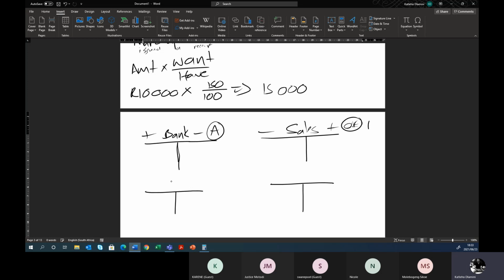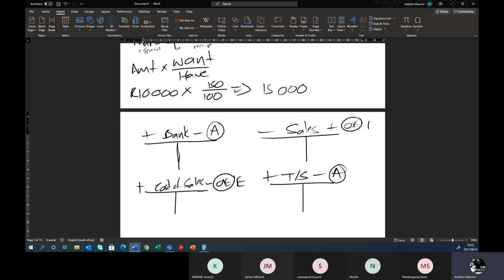Then I have cost of sales. You see, it's only becoming cost of sales now, which is an expense account, so plus minus. Then I have trading inventory, which is an asset, plus minus. First we deal with the top line.